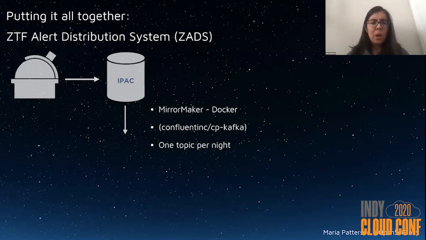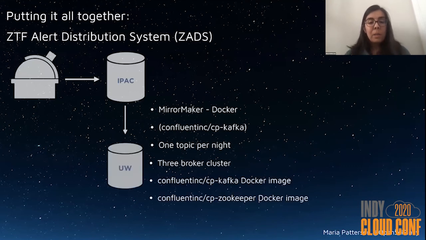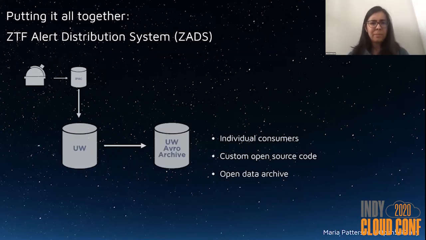How we have it set up is we have one topic per night. So every night you can subscribe to a new topic, because maybe your objects of interest are only in one area of the sky, right? Because the Earth is turning, you can see different areas of the sky every night. And we have a 3-broker cluster at the University of Washington, which also runs their Kafka in Docker images, Kafka and Zookeeper.